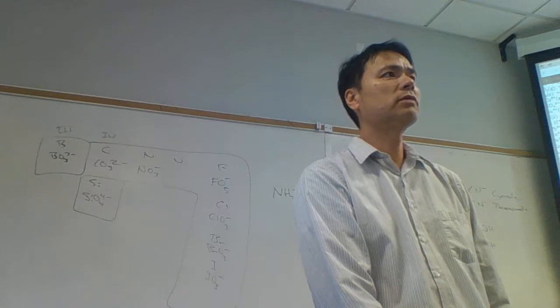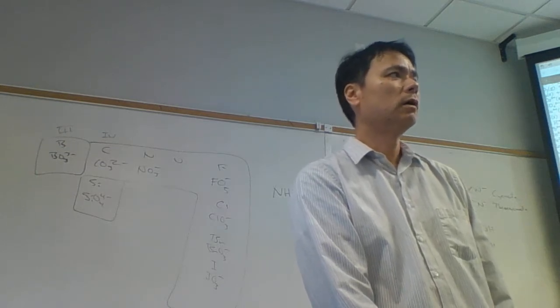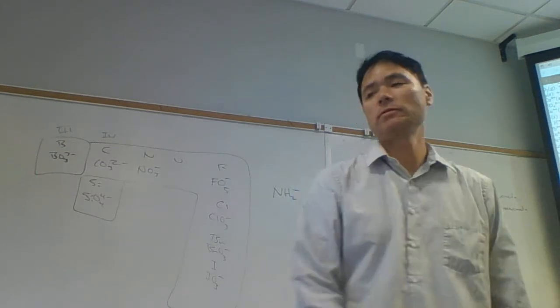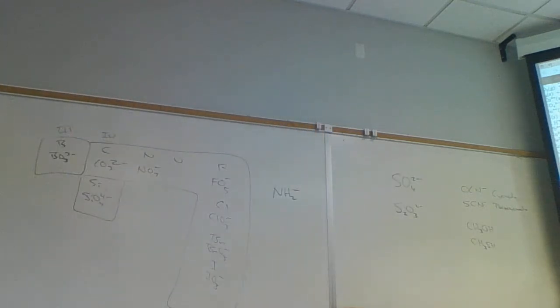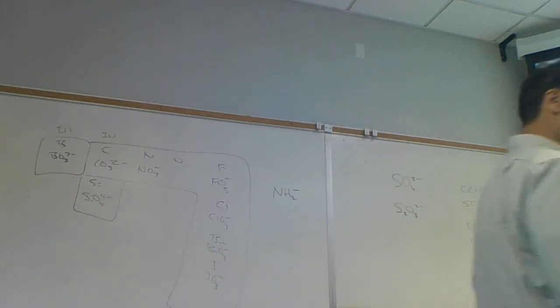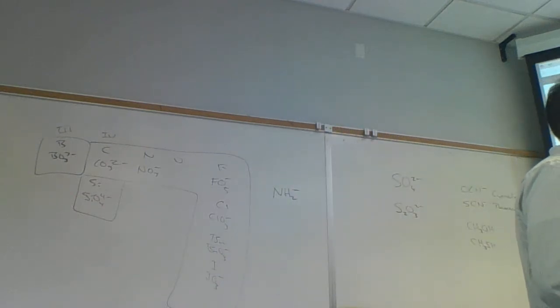You know, the thing is, don't get tunnel vision. I'm always surprised by this. For example, I can't understand how people get the charge and the formula for dichromate wrong.